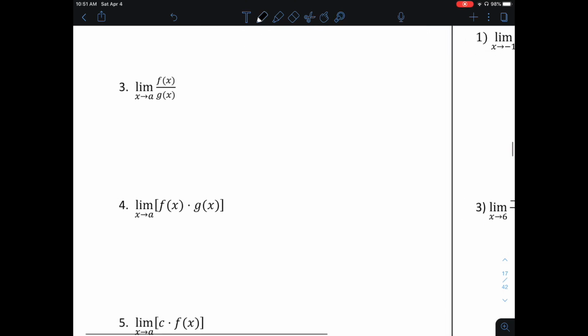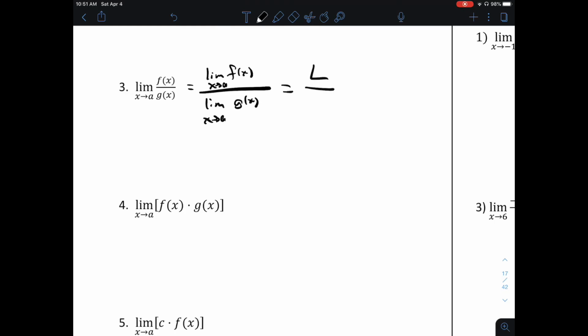3 and 4 are division and multiplication. If you have a limit and your argument is division, you can take the limit of the numerator and divide that by the limit of the denominator. Super intuitive, and we said that f was approaching L as x approaches a, and g was approaching M as x approaches a.